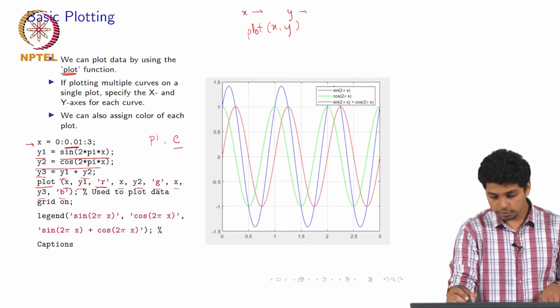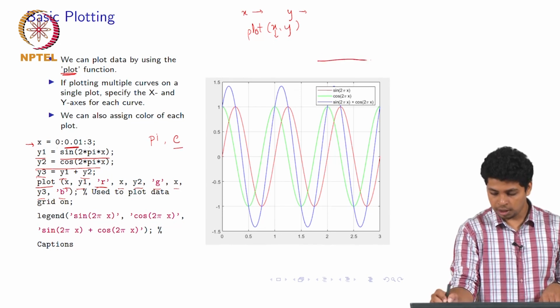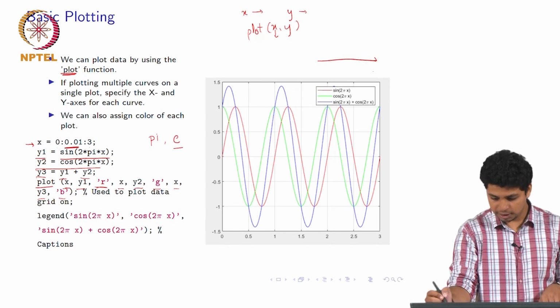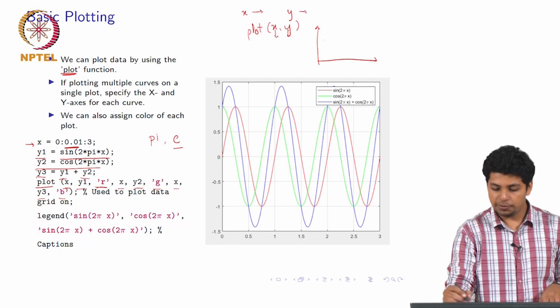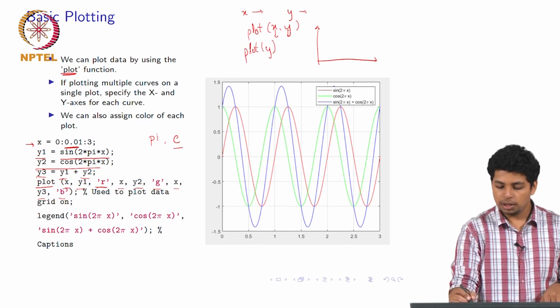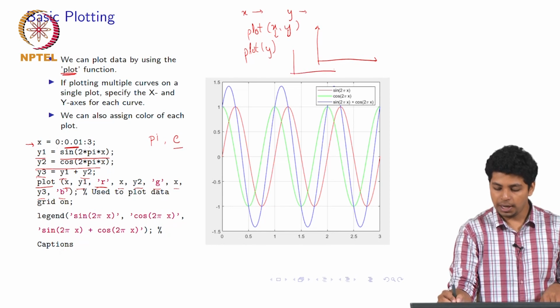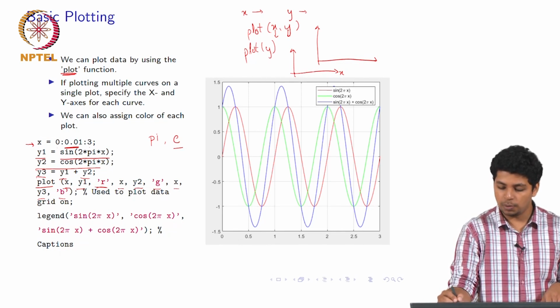What MATLAB will do by default is, if you put an ordered pair, it will consider the first variable to be on the x axis in the display, and the second variable on the y axis. If you only put plot y, it will just plot the values of y, and on the x axis it will just display the number of points or the index of the points. So if you have 100 values, it will just display 1 to 100.